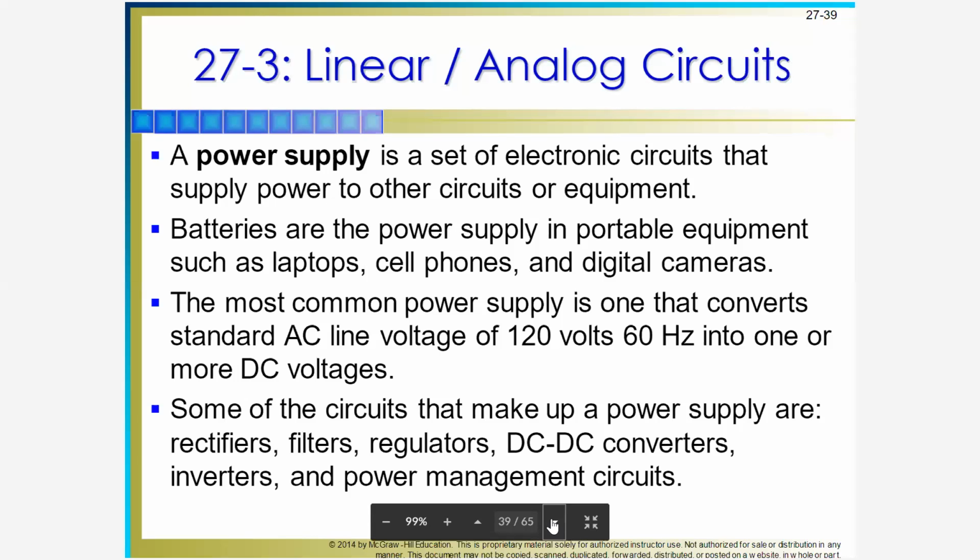Those are the main components of a power supply. A power supply is a set of electronic circuits that supply power to other circuits or equipment. The voltages we commonly use are 5 volts to 12 volts. Batteries are also a power supply to electrical equipment.